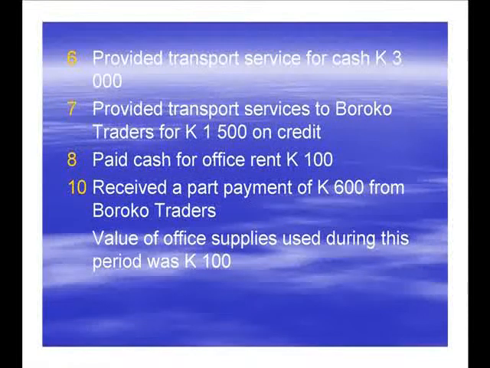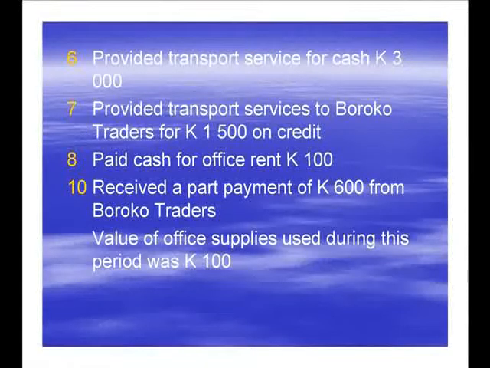The main business, the core business, is providing transport services. Here on this date, received cash, and then provided transport services to Boroko traders for 1,500 but on credit. Paid cash for office rent, 100 kina.